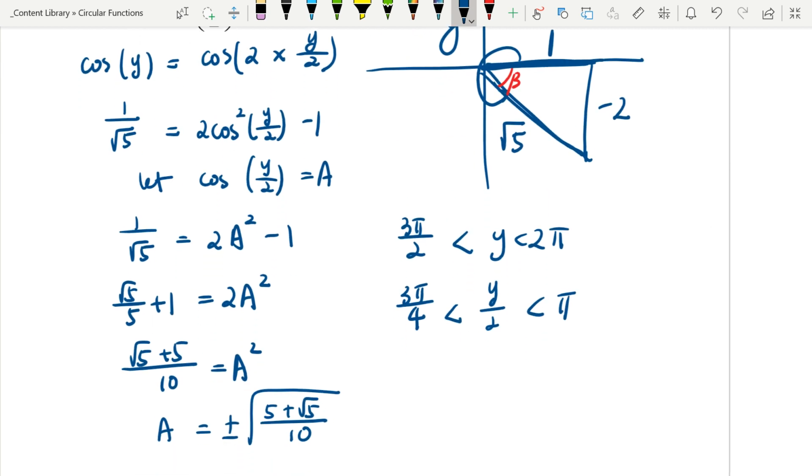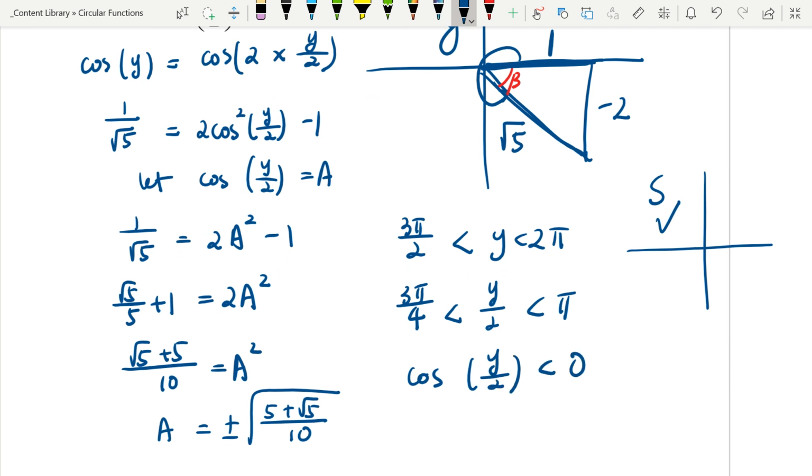So which quadrant is that? Second. So it's positive. Cosine, sorry, negative. That's the sine quadrant. So cosine of that will be less than 0. Make sense? I divide 2 on everything. With an inequality, you need to times or divide the same thing.